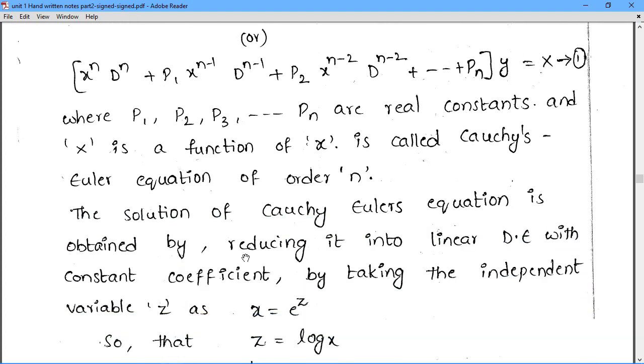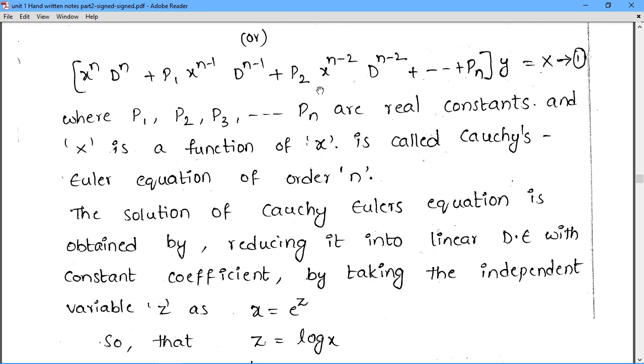Now, the solution of Cauchy-Euler's equation of nth order is obtained by reducing it into a linear differential equation with constant coefficients by taking the independent variable z as x equal to e power z. Here we have to reduce the Cauchy-Euler's equation into a linear DE with constant coefficients.